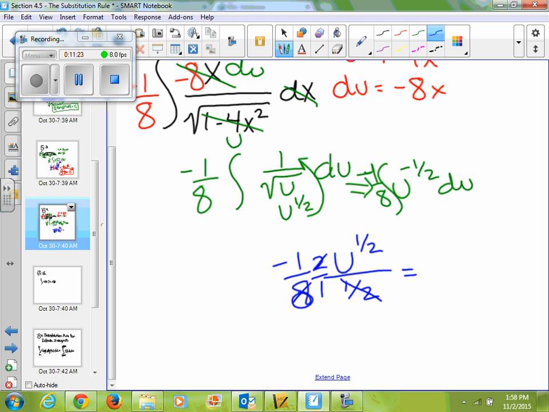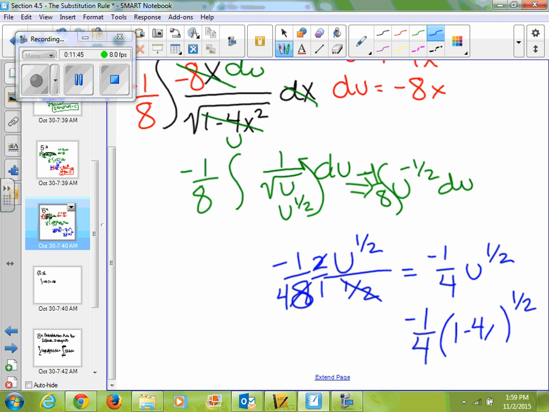And so if I simplify those, I end up with -1/4 u to the 1/2. So then, Kira, what do I get if I back substitute u back in? 1 minus... Again, -1/4 times 1 minus 4x squared to the 1/2 exponent.